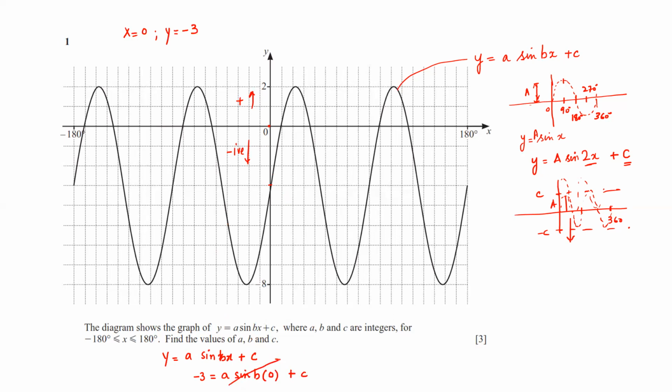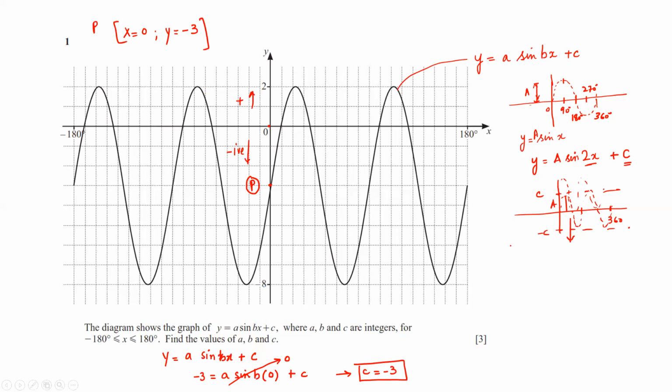So this thing becomes equal to 0, and what we are left with is c equals minus 3. We can also use this point P and find out the value of c.